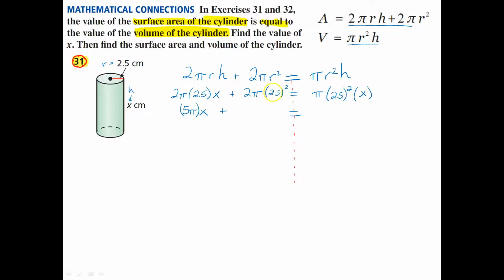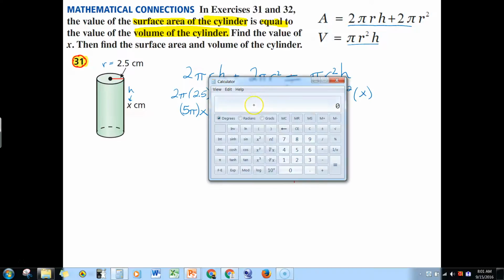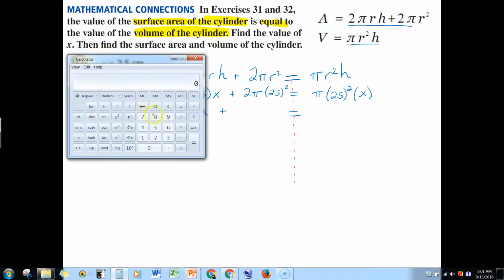plus, let's see, order of operations says we have to do exponents before multiplication. So 2.5 squared is 2.5 times 2.5. So that's 6.25, and then we multiply by that 2. We get 12.5.